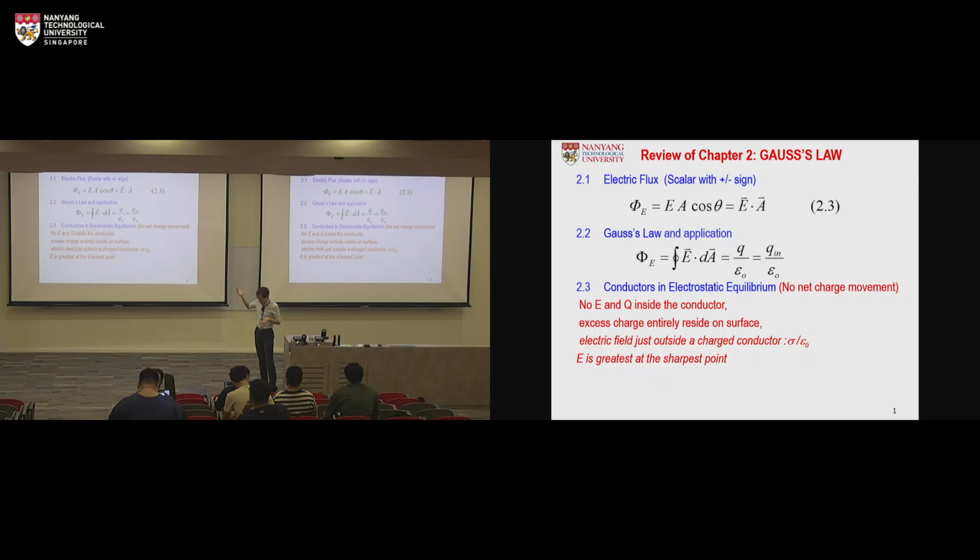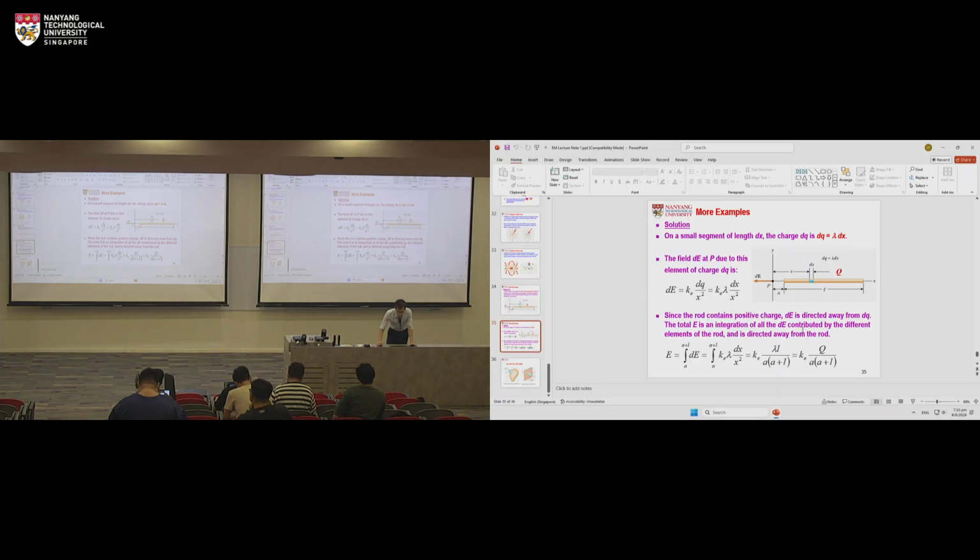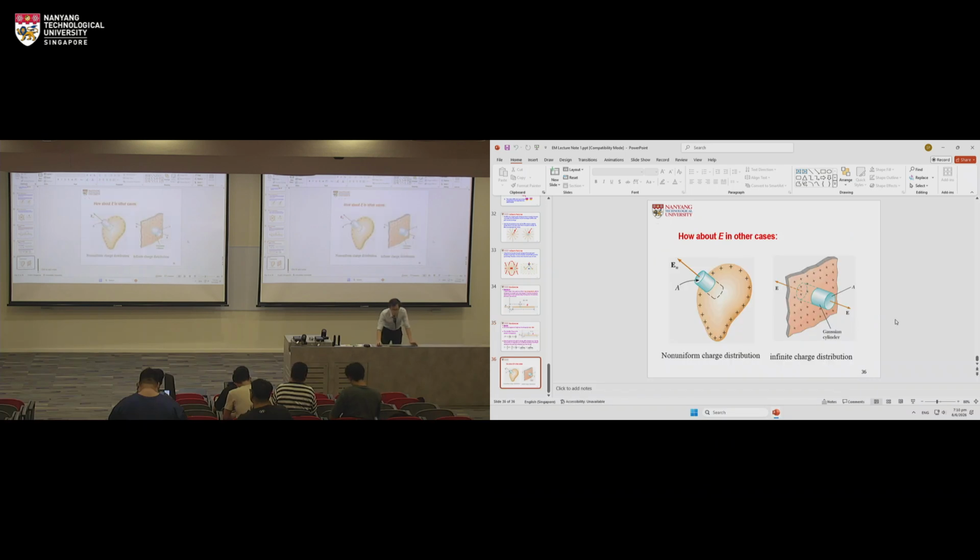Because in the first part, we can determine this E based on either, let's say, one charge, or a finite number of point charges, 2 charges, 3 charges.